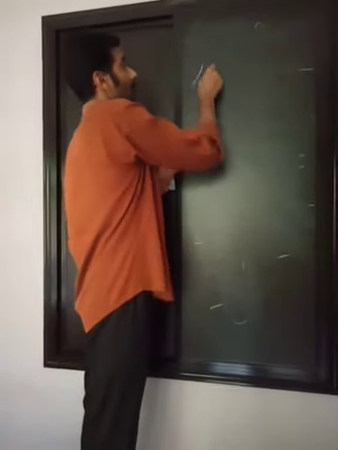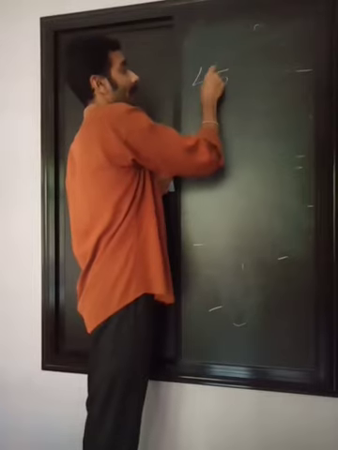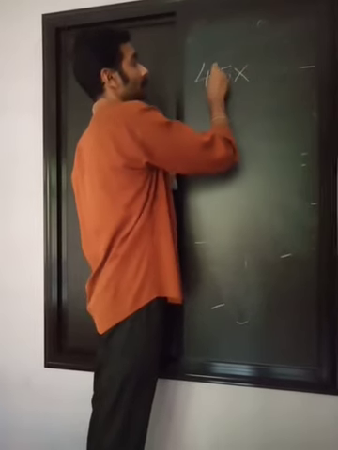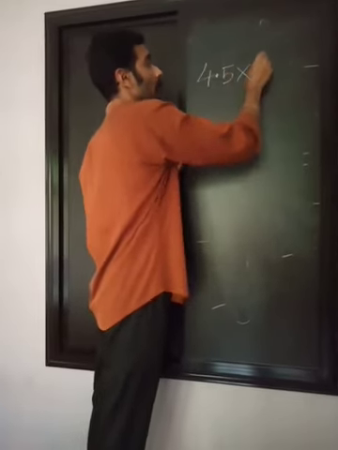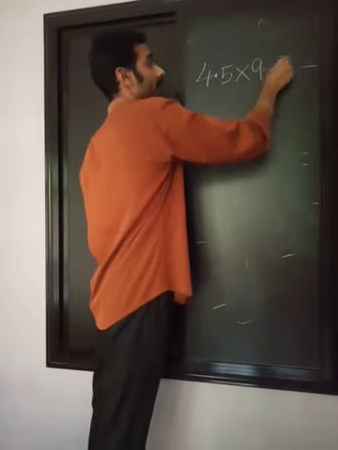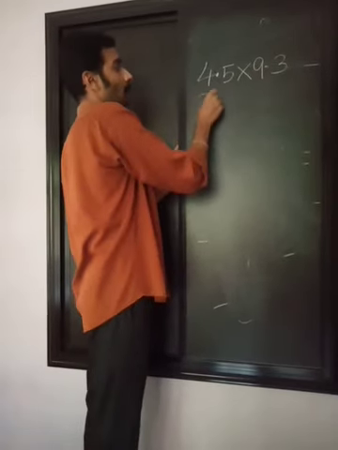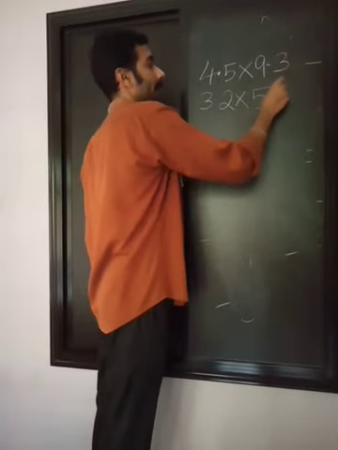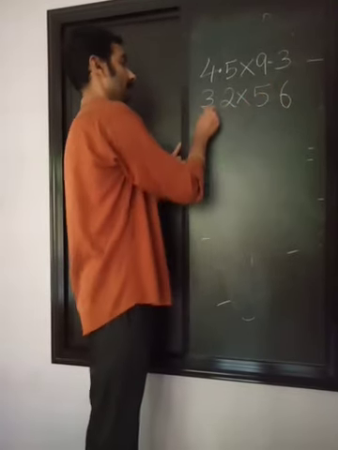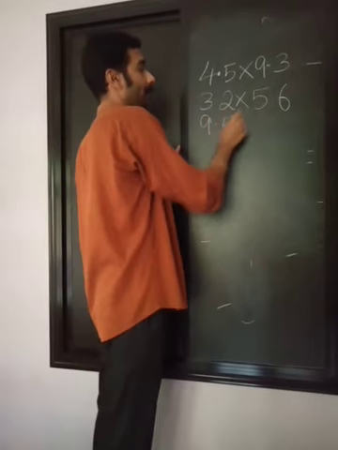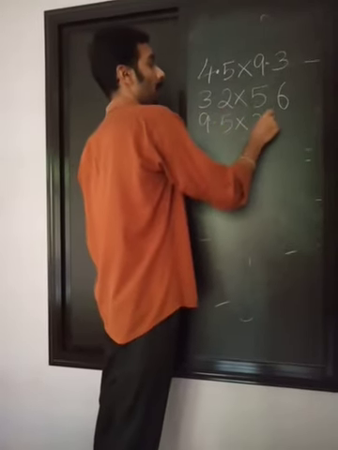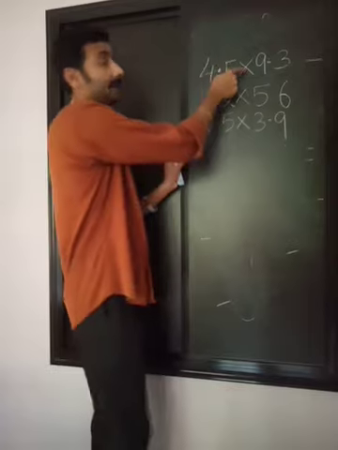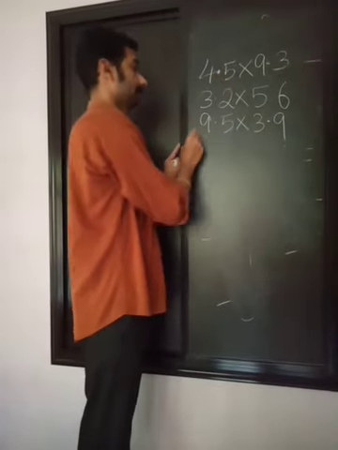Multiply 4.5 into 9.3, 3.2 into 5.6, 9.5 into 3.9. It is multiplication.